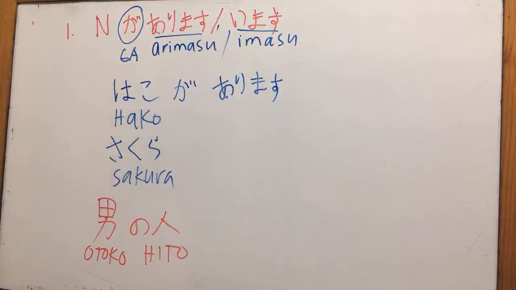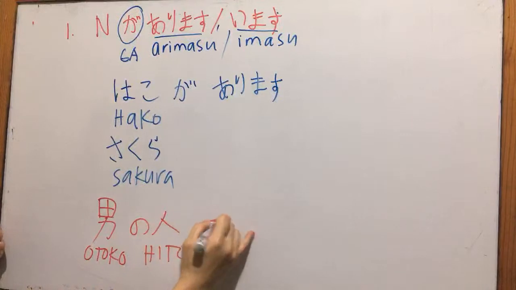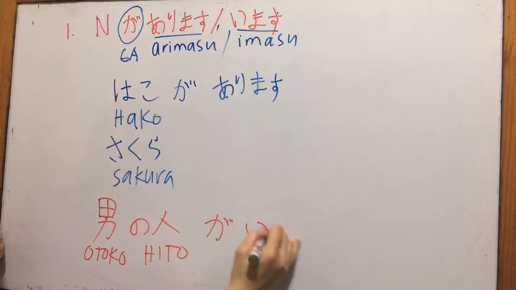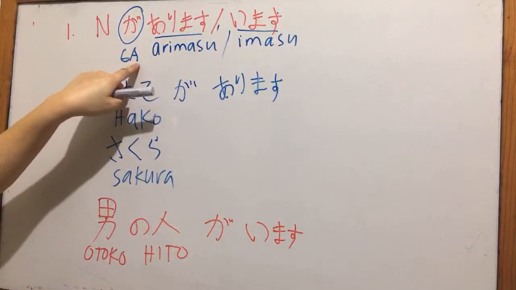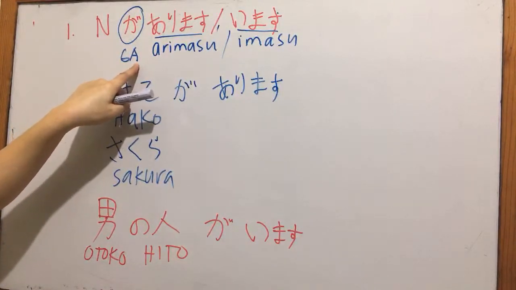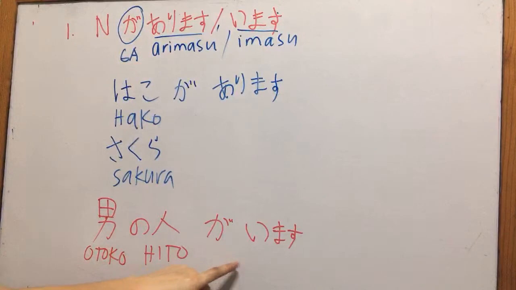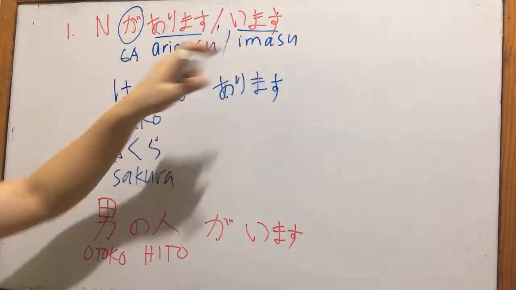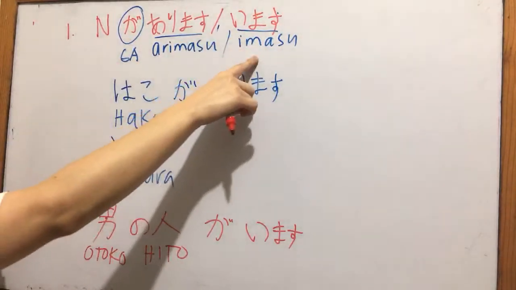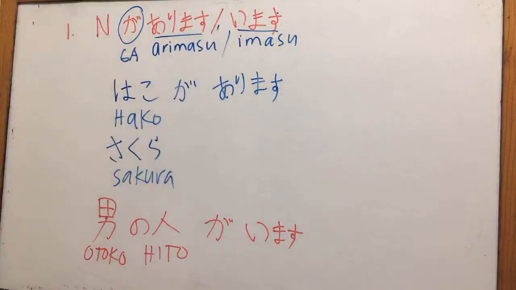Man. So, we have otoko no hito ga imasu. This is the Romaji. There is a man. There is a man. So, this is the meaning.